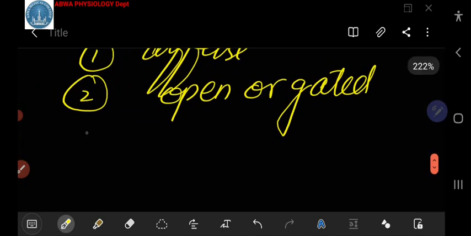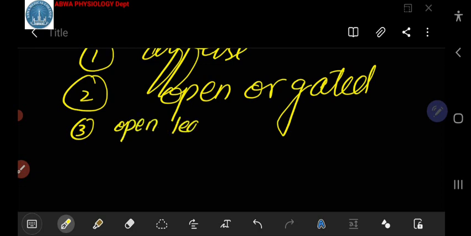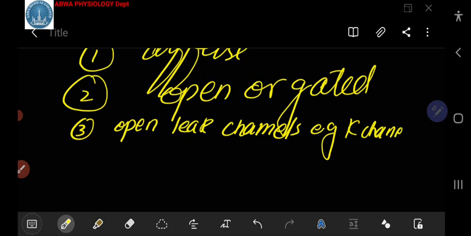Number three, open or leaky channels. Leak channels such as potassium channel. Number four, gated channel open with a stimulus.